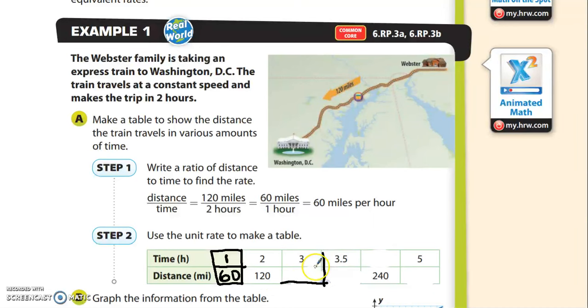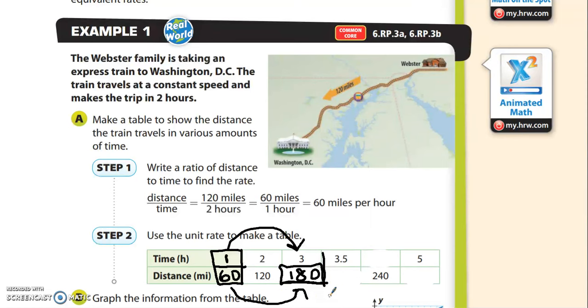For example, if you try to figure out this missing information right here for 3 hours from 2 hours, and you try to say, well, 2 goes into 3 1.5 times, that's a little unclear. But if you know this right here, that you're not figuring out 1 hour, you're figuring out 3 hours, you say to yourself, oh, that's just triple. So you would take 60 and triple it, so you'd get 180.